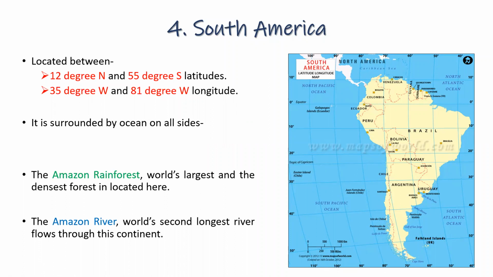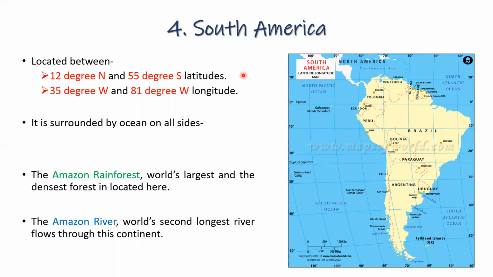So as we were discussing continents and oceans, and we also read about a few continents, we also came across South America as one of the continents in yesterday's class, right? In South America, we saw the Amazon rainforest, which is the world's largest and densest forest. And what else?